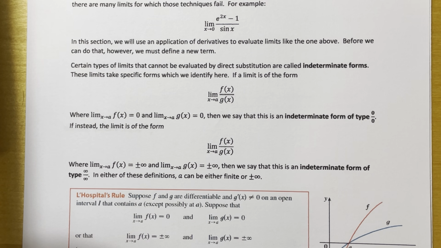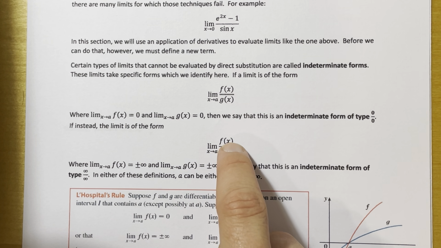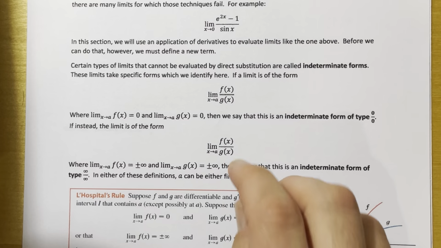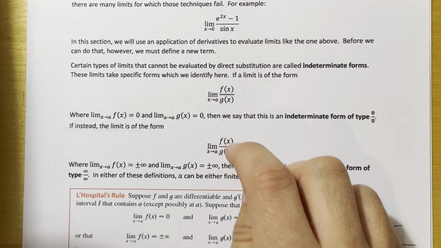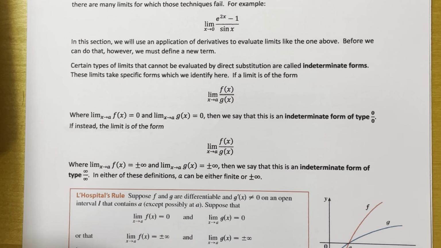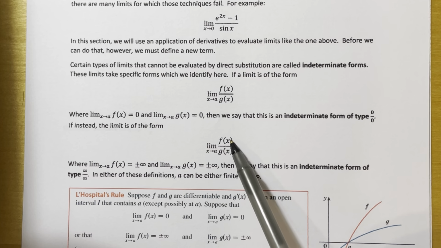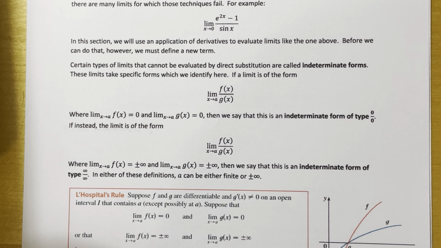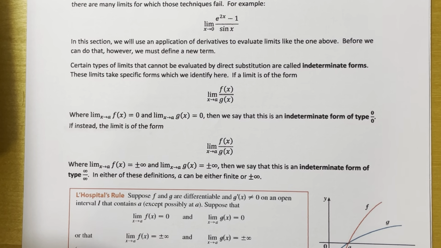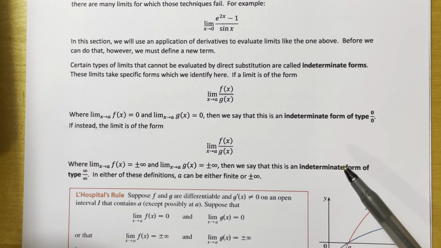But it might, right? Because if these are both growing towards infinity, for example, they might be balancing each other out with this division that's happening here. So that limit may still exist even if the individual limits of this numerator and this denominator both go to either positive or negative infinity, or both.